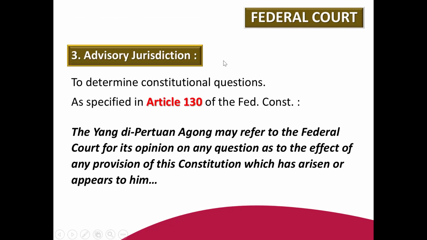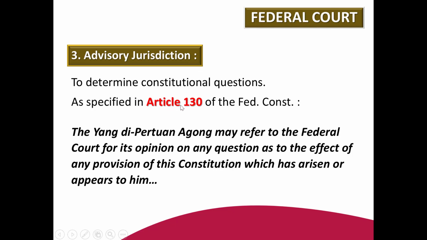And the third category of jurisdiction of the federal court is advisory jurisdiction, sebagai badan penasihat to the Yang di-Pertuan Agong. So if there are any constitutional questions, sebarang masalah-masalah yang berkaitan dengan perlembagaan, the matters are to be decided by the federal court, where the federal court akan give the advice to the Yang di-Pertuan Agong.